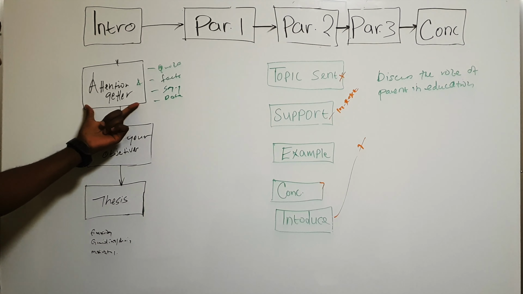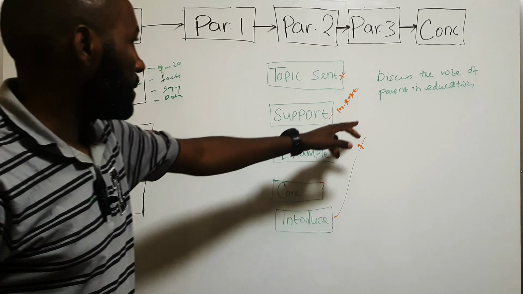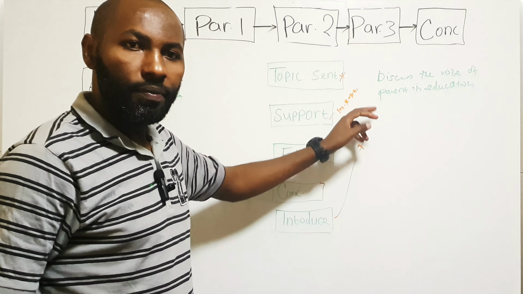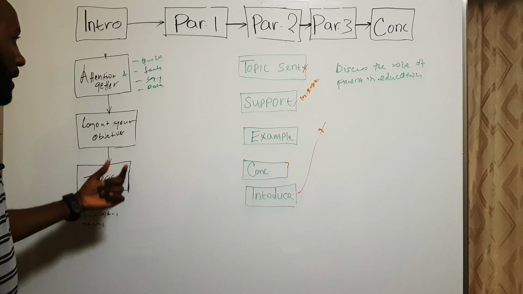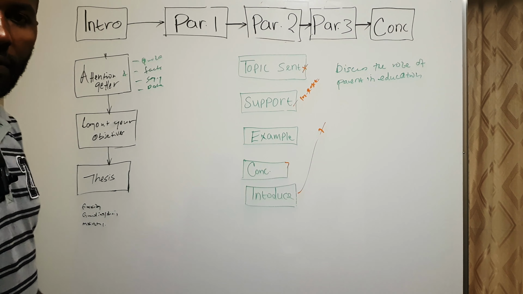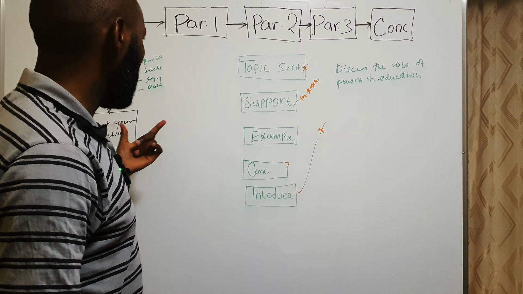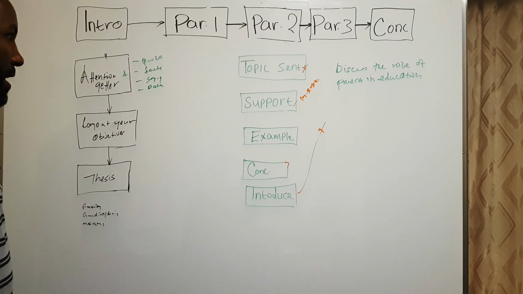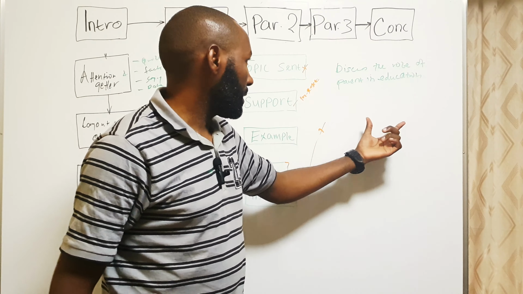In your attention getter, you need to bring out something that makes us want to see the depth of the topic, something that can surprise the readers. Then you lay out the objectives. Laying out the objectives means digging deep into what you want to talk about, and then you provide a thesis. Now, a thesis is a direct answer to the question that you've been asked.